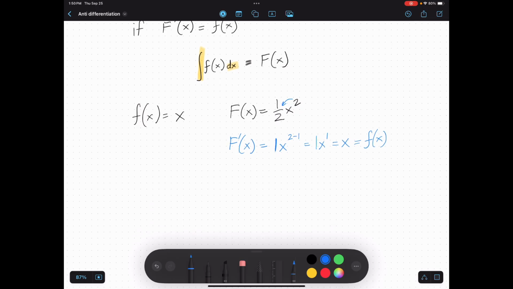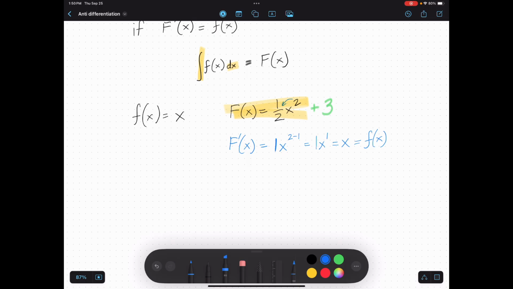But something to keep in mind here is this is actually not the only antiderivative of x. I can come up with a different antiderivative very easily. All I have to do is add a number at the end, specifically a constant. This still counts as an antiderivative because, if I add a plus 3 to it, what happens when I take the derivative?